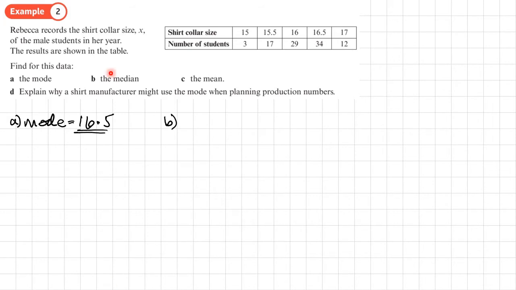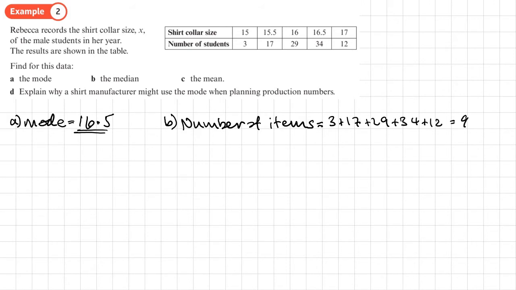Part B, we want to find the median, so we want to find the middle data item. So we need to know how many data items there are. So the number of data items, or the number of measurements, is 3 plus 17 plus 29 plus 34 plus 12. So that gives us 95.